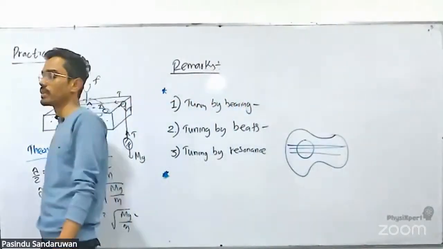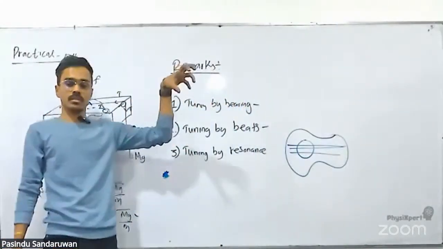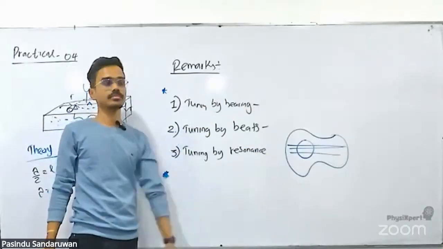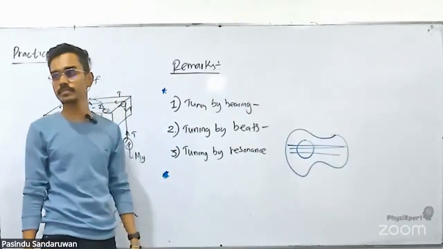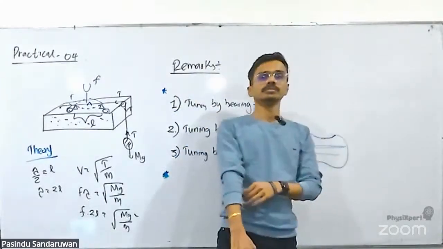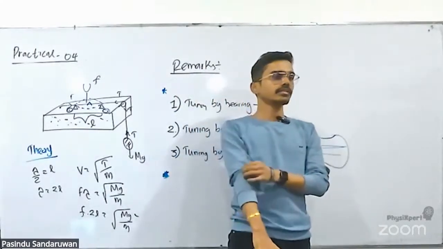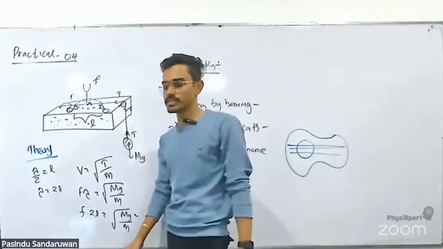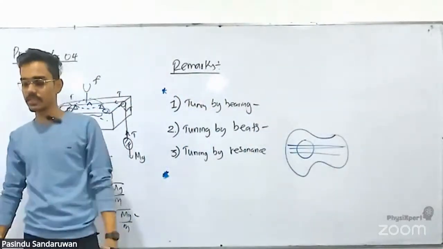Right. Next point. Type of wave in the sonometer box: longitudinal stationary wave.